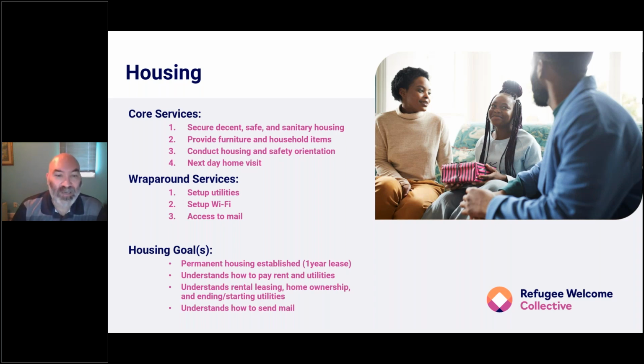They understand how to pay rent and utilities, how general rental leasing works here in the United States, your responsibilities and your rights as a tenant, and understand home ownership generally and what steps might need to take place in order to start thinking about home ownership.